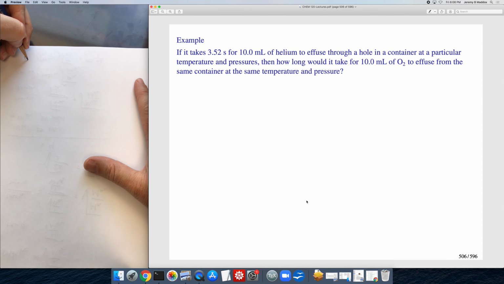And so the time that it takes for helium to effuse is not proportional to 1 over the square root of the molar mass of helium. It's proportional to the square root of the molar mass of helium itself. Okay, so not the reciprocal, but the square root of the molar mass itself. And the same thing is true for the O2.